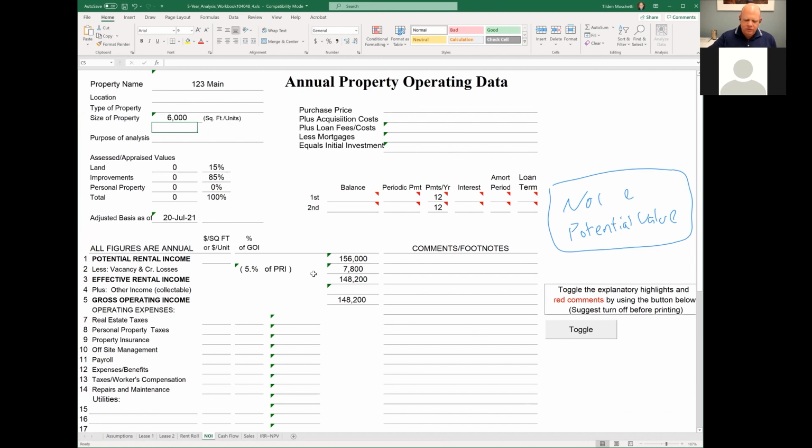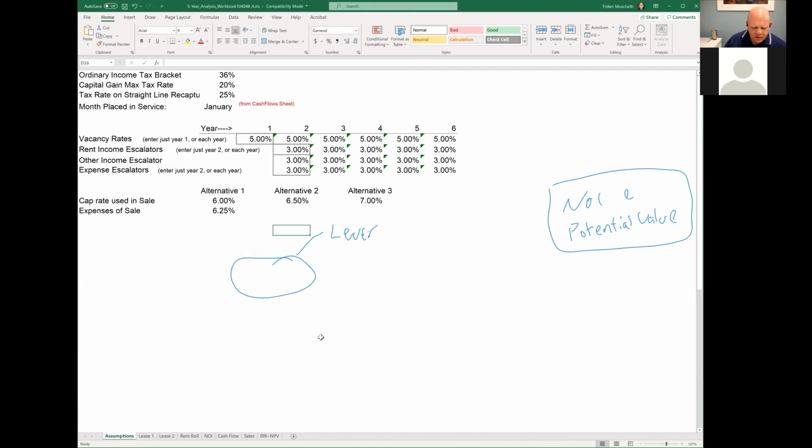Now here is a big lever, right? So this is a lever, because how we change that obviously changes this dollar amount. Now, let's put it back at 7 just for fun.